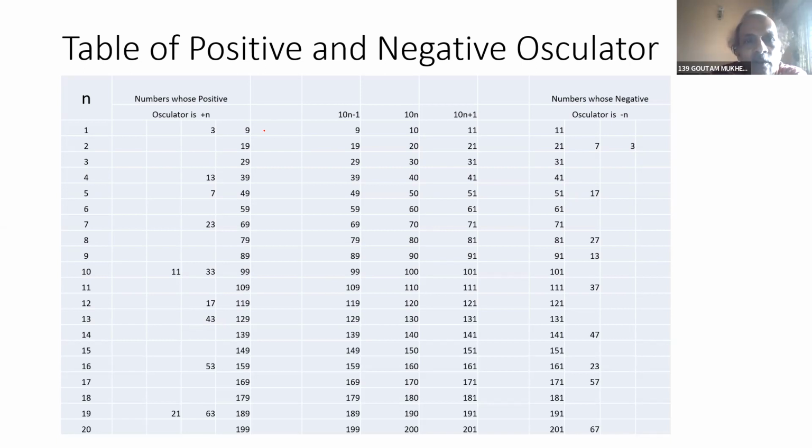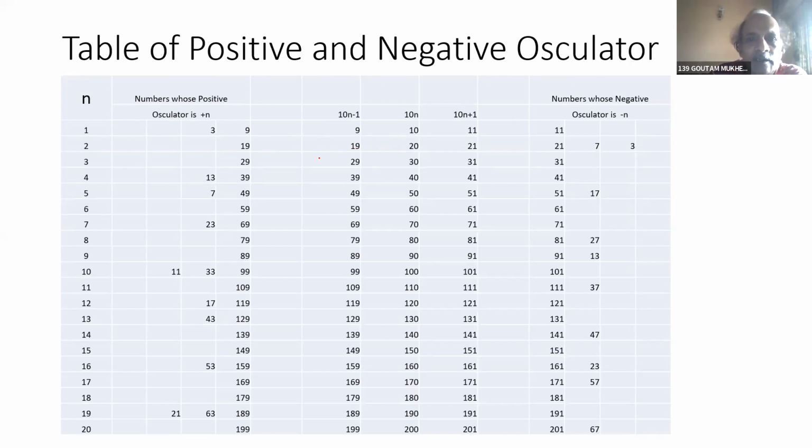Because the oscillator is 1. Similarly, in case of 11, we alternately add and subtract the digits. It is as if we are multiplying the unit digit by minus 1, because the oscillator of 11 is minus 1, so it is automatic. In school we are taught only up to this: what to do in case of 3 and 9, and what to do in case of 11. Beyond that, our schools never taught.